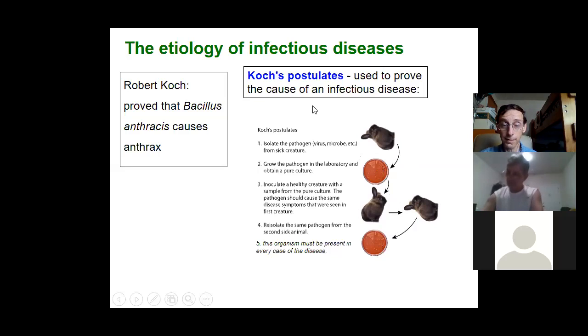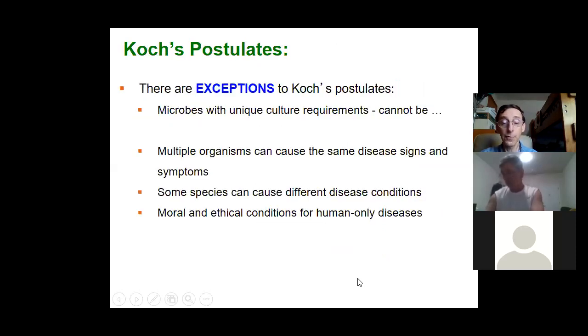And that's what Koch's postulate is. Any question about any of that? Those are the steps we use to show that a given organism, like Bacillus anthracis, causes a given disease, such as anthrax. Now, there are exceptions to Koch's postulates.